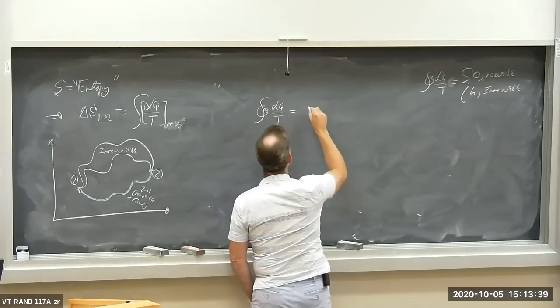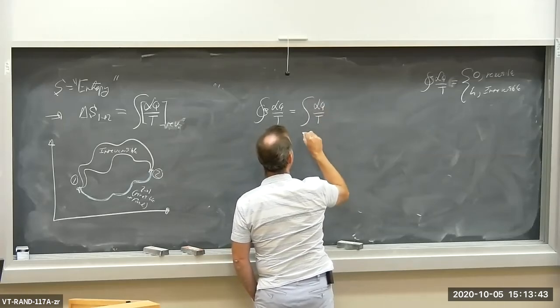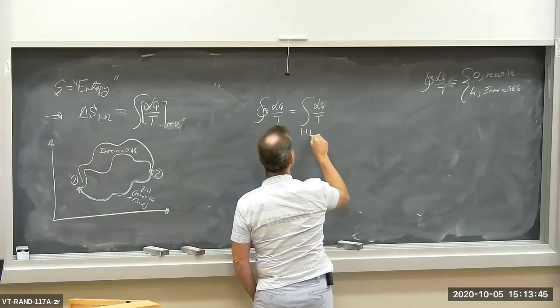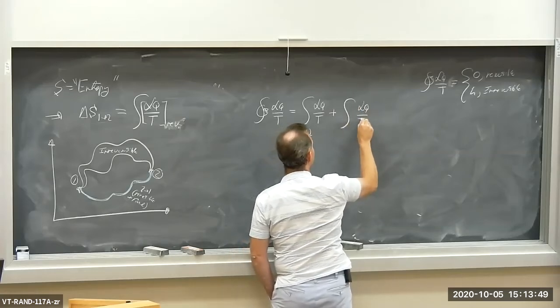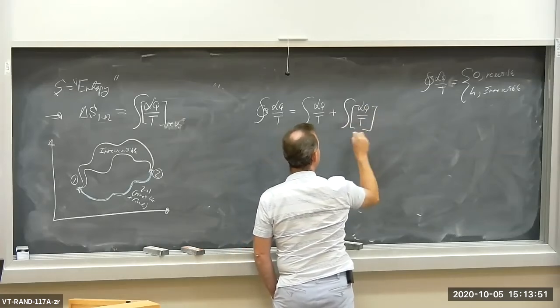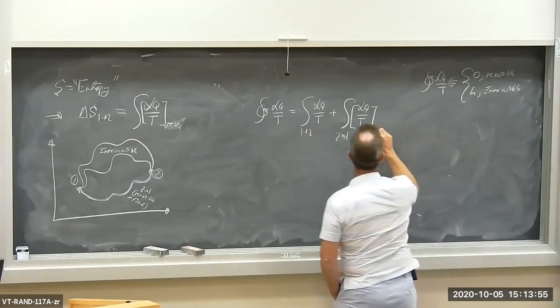Again, that's going to be equal to the integral of del Q over T from 1 to 2 plus the integral of del Q over T from 2 to 1. And remember, 2 to 1 is reversible.